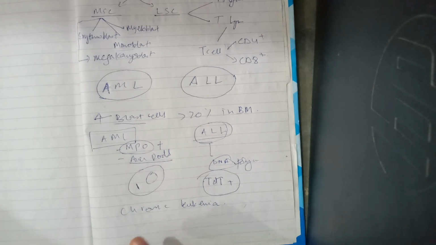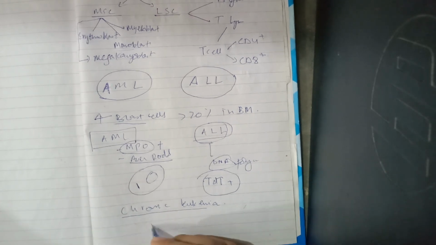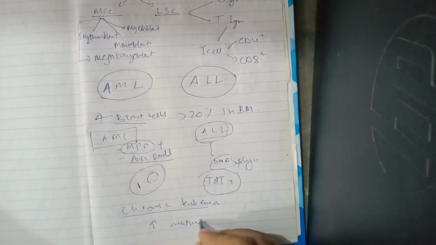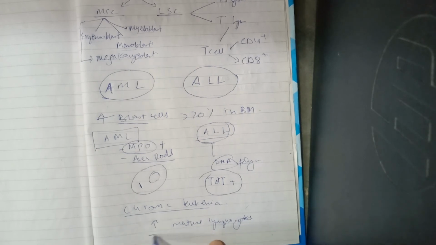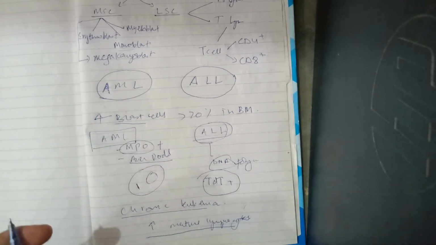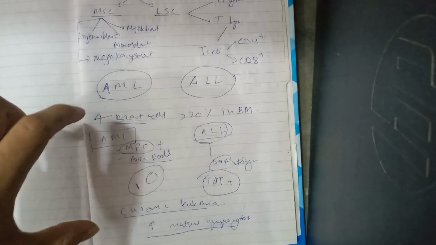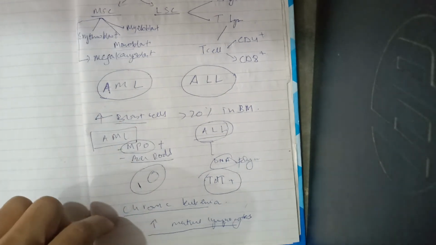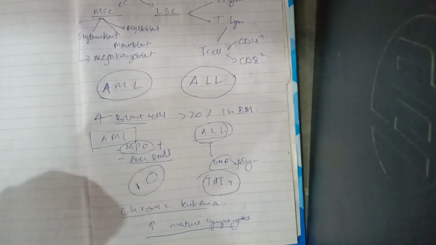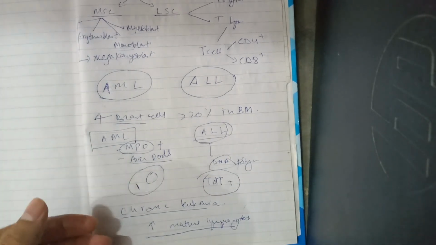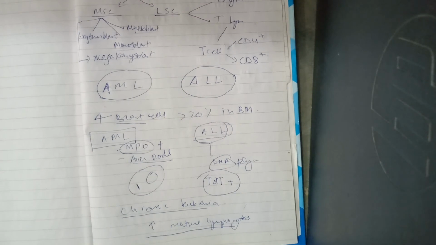For now, just know that chronic leukemia is a proliferation of mature cells, the presence of mature lymphocytes, whereas the acute one is because of immature cells and the chronic one is mature cells. And the acute leukemias most commonly arise in children, whereas the chronic ones most often affect older adults.